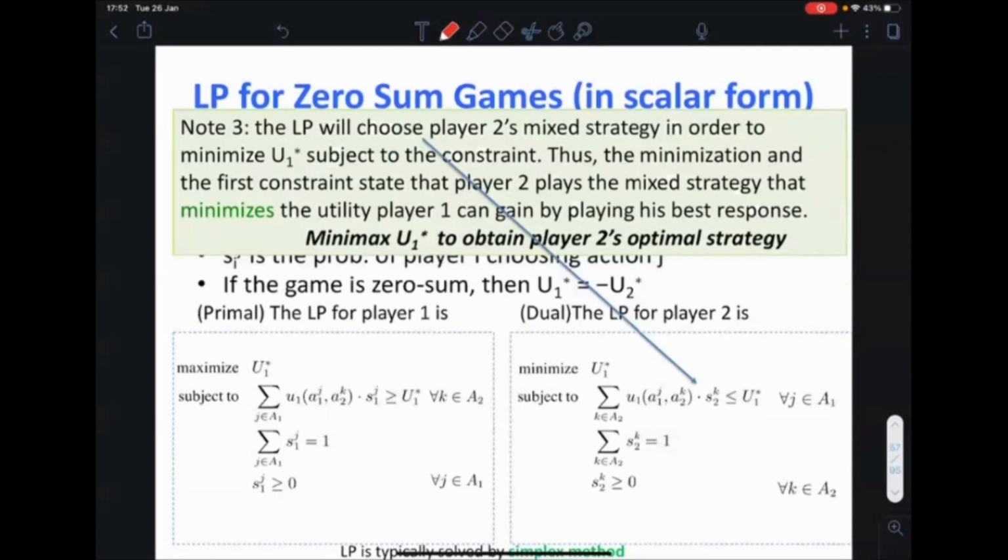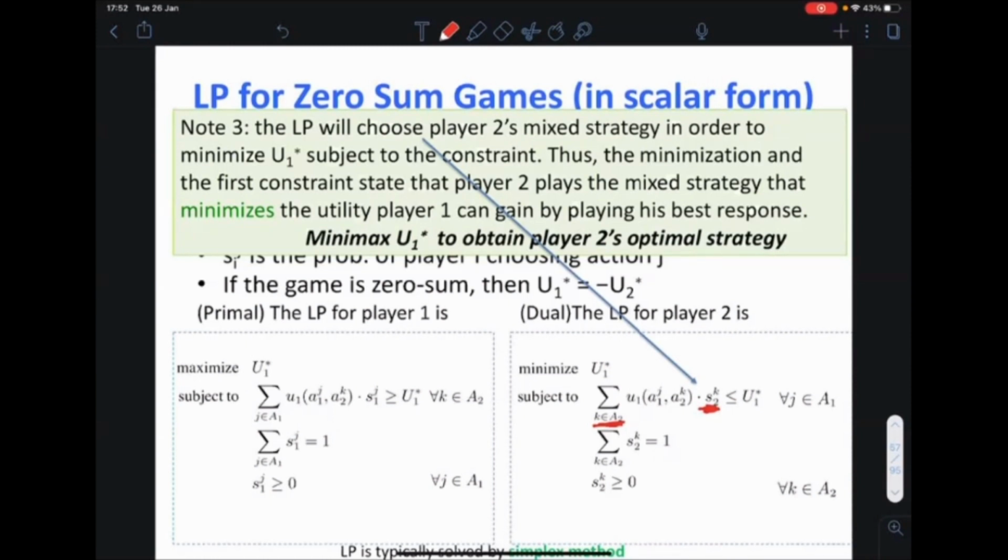The third thing I would like to discuss is that the LP will choose player two's mixed strategy, which is here, enumerating all possible actions. So this is a mixed strategy, and I'm going to choose it in order to minimize U1, subject to the constraint.